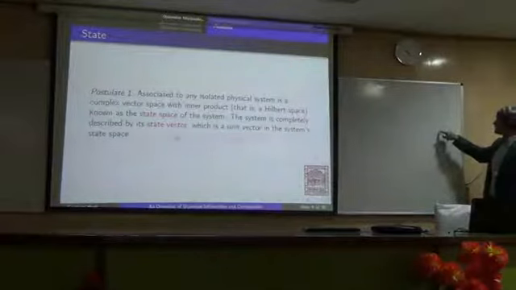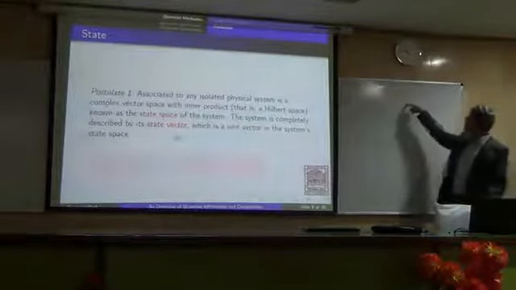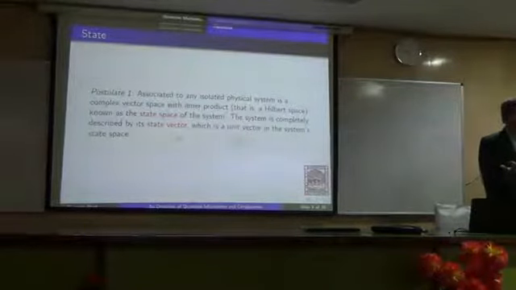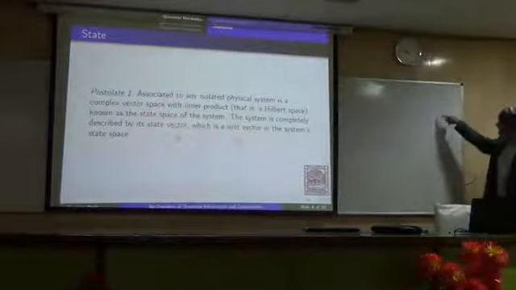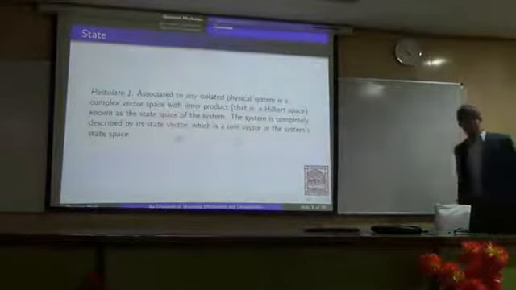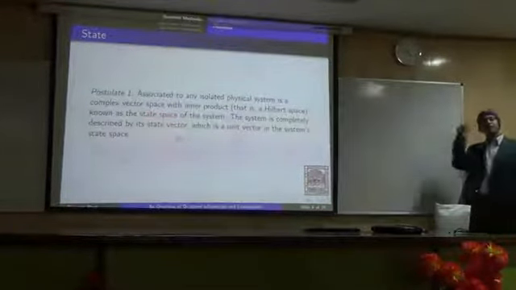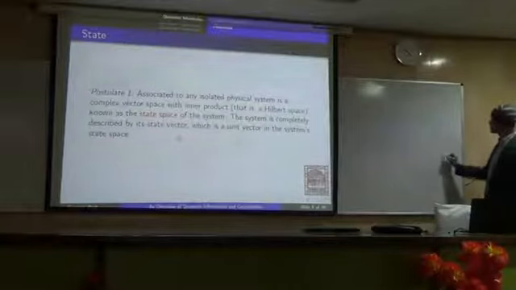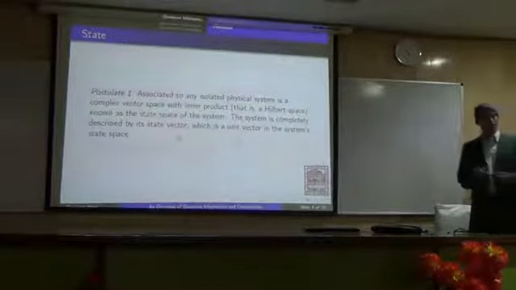This is just a model. Any complex number is nothing but a pair of real numbers, so a two-dimensional complex vector space could very well be represented by a vector in a four-dimensional real space. I could just write alpha, beta, gamma and delta like this. So it could be a real vector.